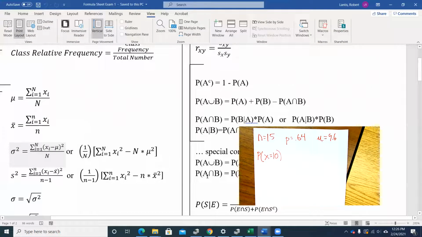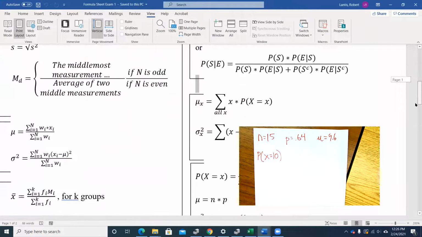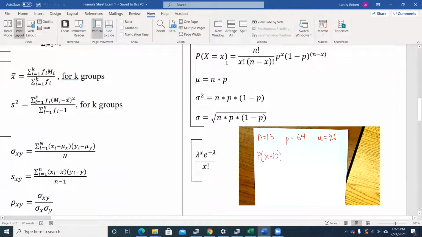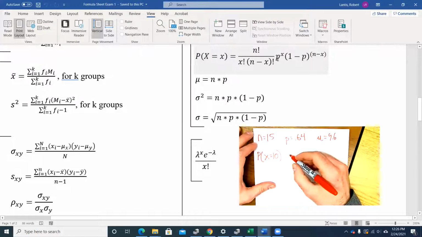So I go to my formula sheet, I scroll down here. I've got my binomial equations here for the mean, the variance, and then my probability mass function. So I'm just going to write out that probability mass function in the context of my example.